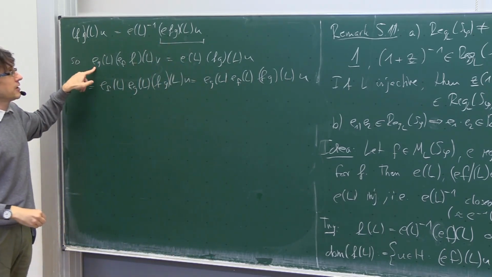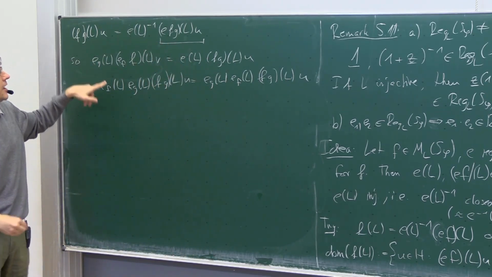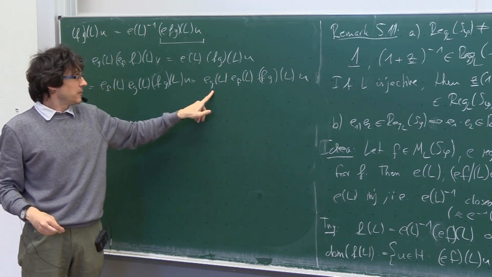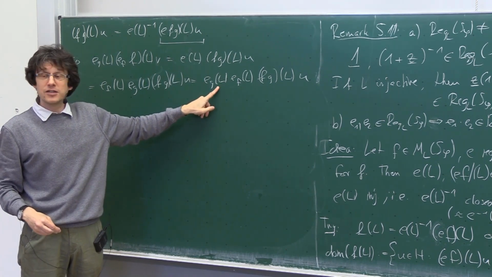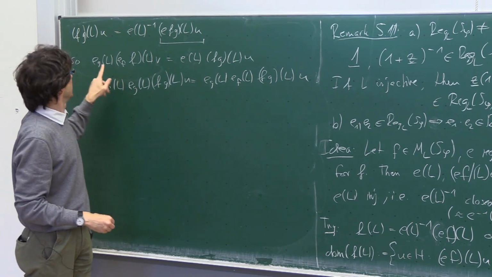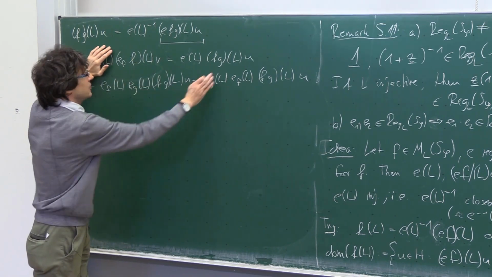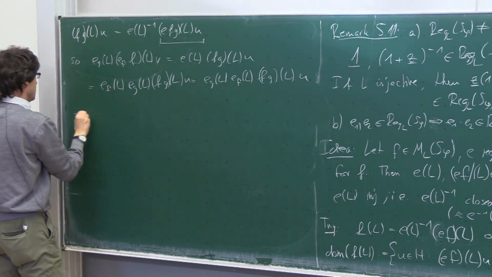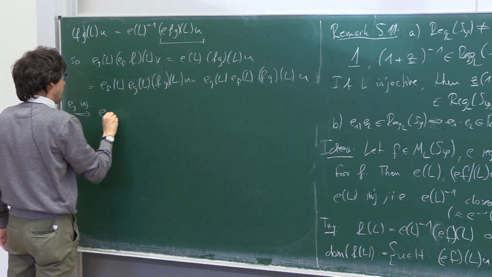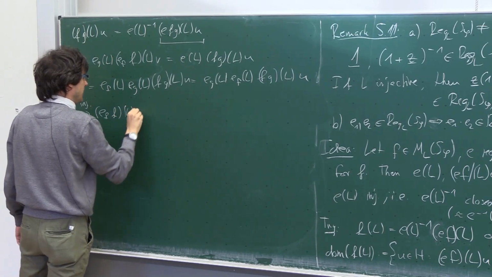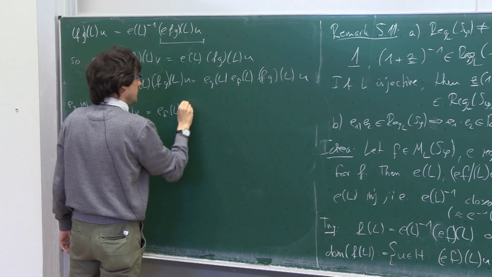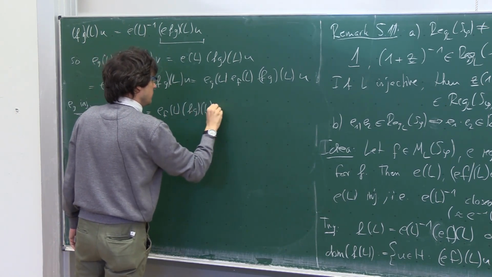We have an equality, and both sides start with EG of L. EG was a regularizer, so this is an injective map. So we can cancel these two. If these two elements are the same, these two must have been the same because of injectivity. So EG being injective, this implies that EF of L V is equal to EF of L, FG of L U.